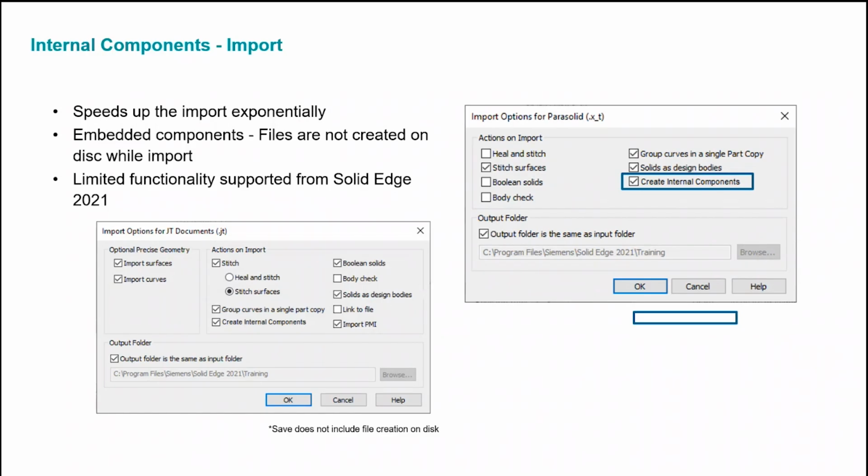Like I was saying, if you're working with internal components, you'll see that importing them is significantly faster. Like I mentioned before, the geometry is embedded directly inside the assembly. That means individual files are not created on disk when you import this data, which helps in opening the files quickly without having to individually translate them to Solid Edge and then open them.